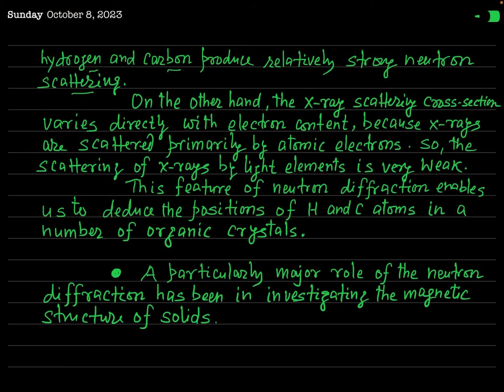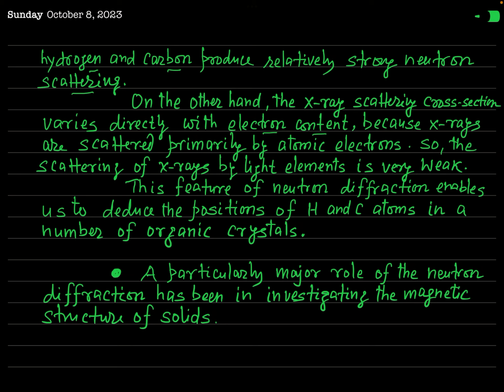Now, on the other hand, the X-ray scattering cross-section varies directly with electron content. It means when the number of electrons in the target is larger, then X-ray diffraction is more intense, because diffraction of X-rays, you know, takes place by electrons, not by nucleus, okay?